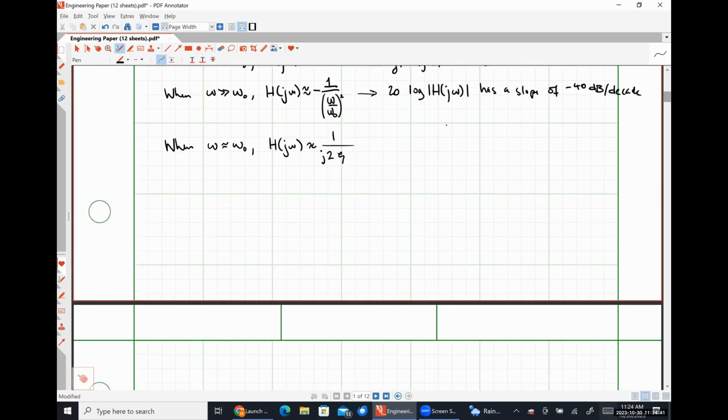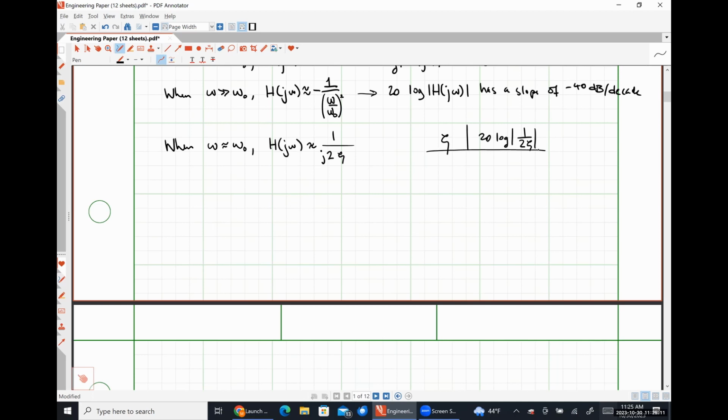Do it out here. So since our response is dominated by this term, I'm going to put zeta on this side, and then 20 log of the magnitude of 1 over 2 zeta here.